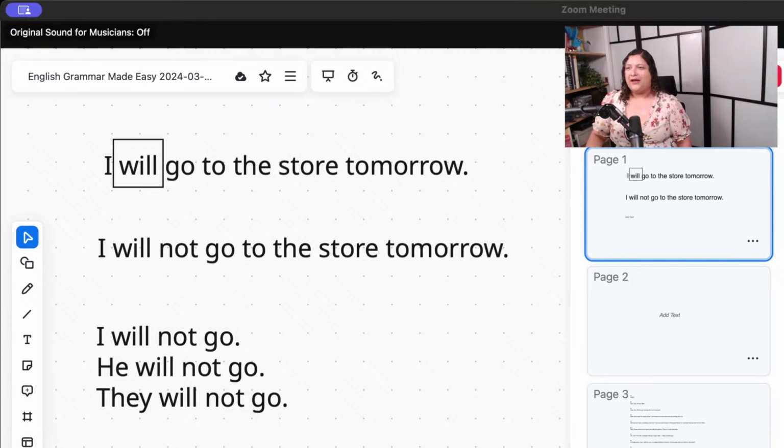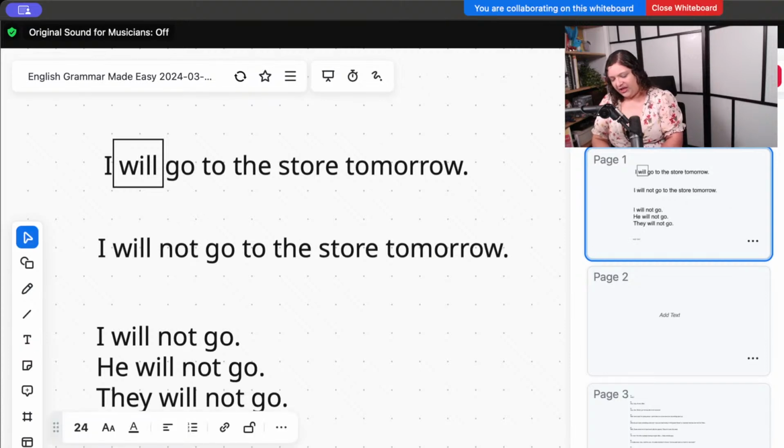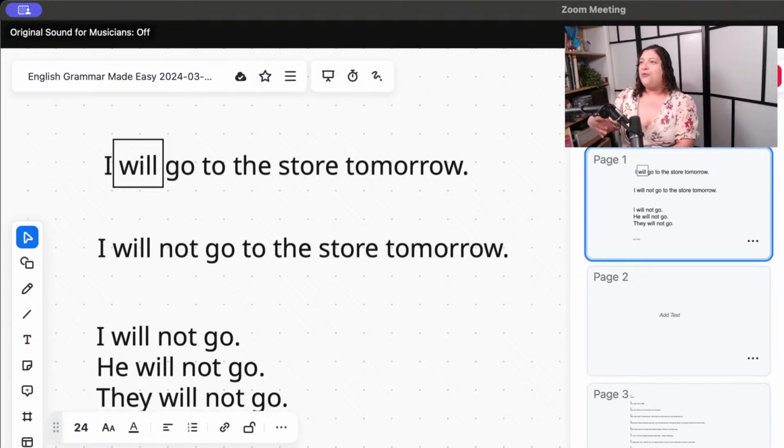Okay, now I gotta give you your sentences before we leave today. This is your sentence: She helps me. How would I make this into the future tense?